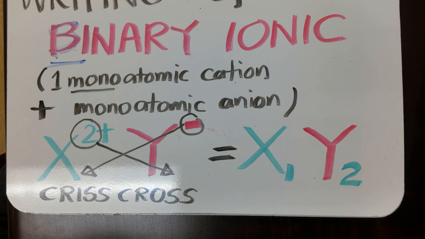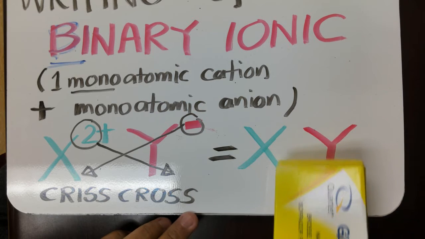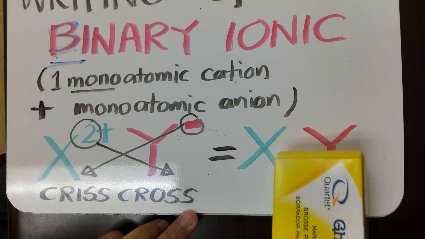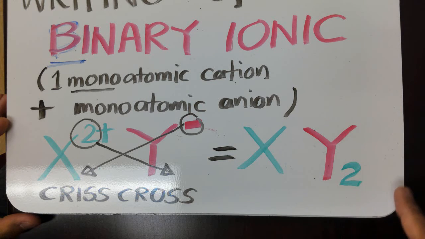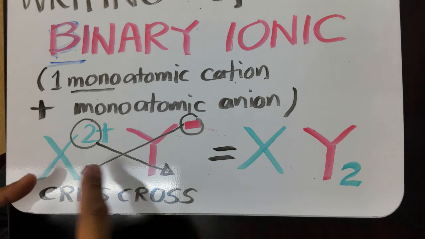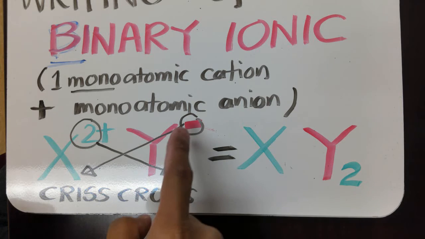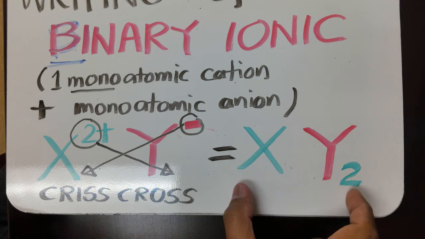And if it is a 1, you may erase that, because 1 is understood to be nothing. So the resulting chemical formula for X 2 plus and Y negative is XY2.